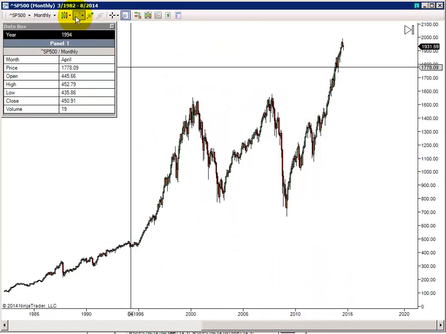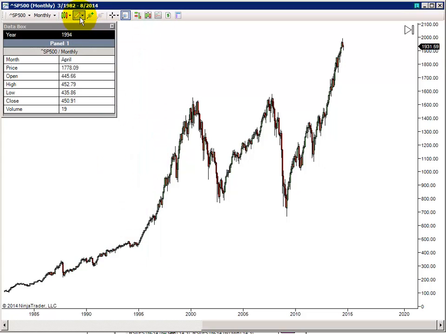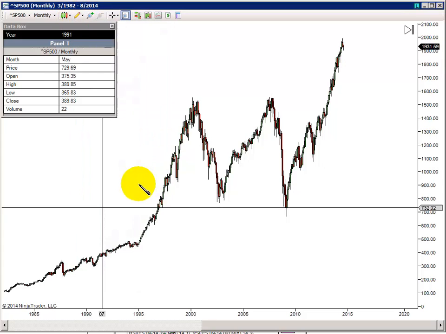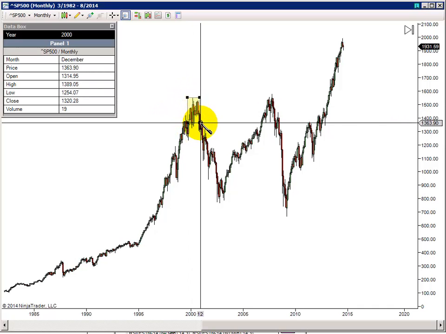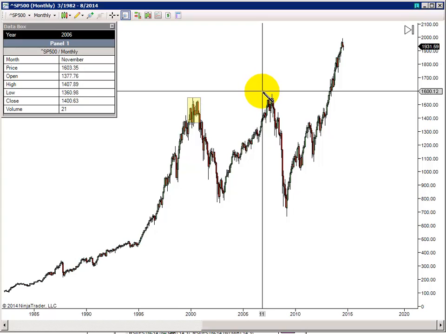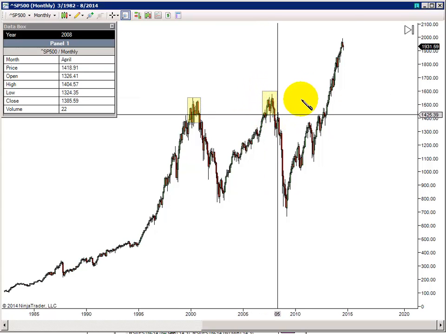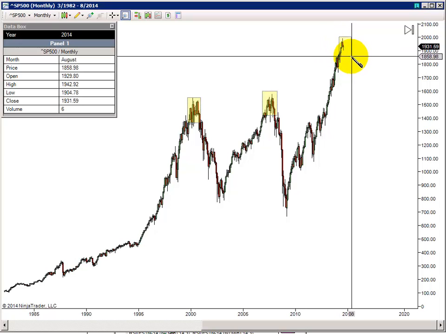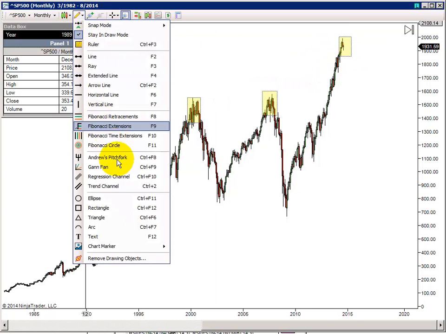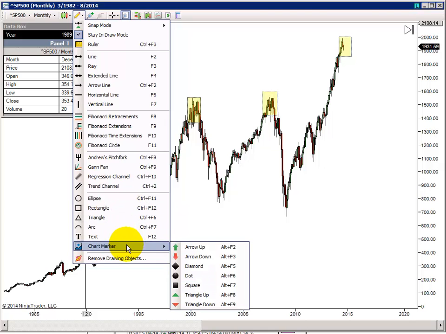A couple of things we want to stay aware of that I always find important. Right here, see this? Top, top, and potential top. Let me just get my little arrows.